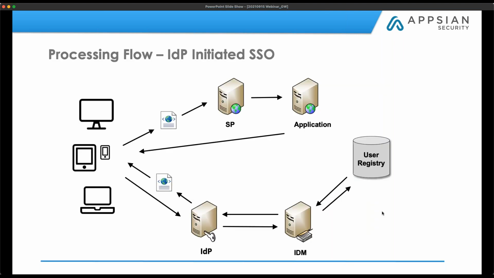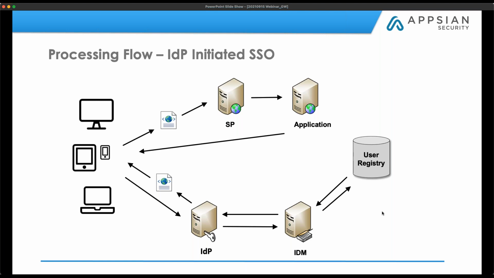When we think about the processing flow, just to talk real briefly about what SSO looks like, there are a couple of different ways. You have IdP-initiated or application-initiated. You can go multiple different ways with it, but it's really a large loop and it happens very quickly.